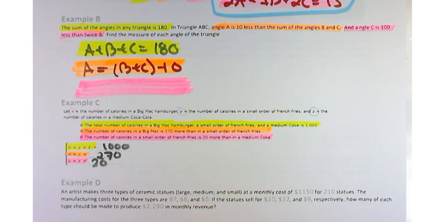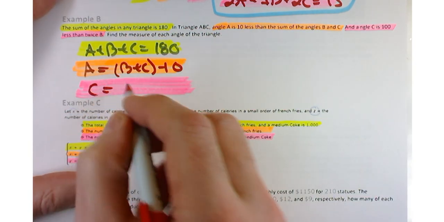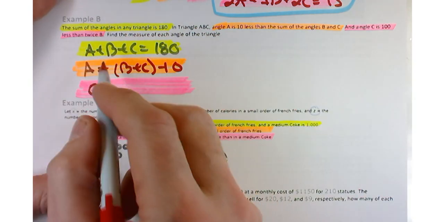Kelly, got this one? I got C equals 2B minus 100. Perfect. C equals 2B minus 100.